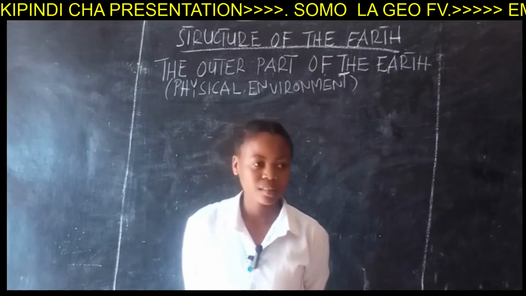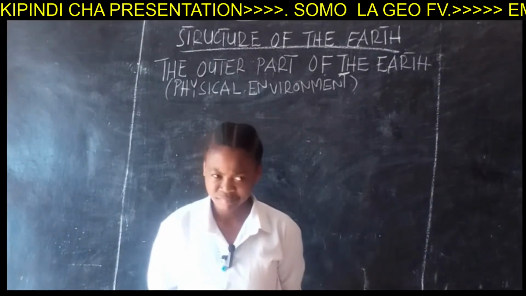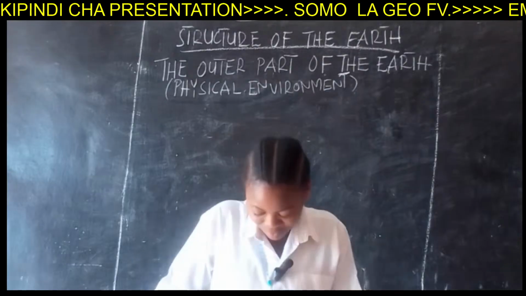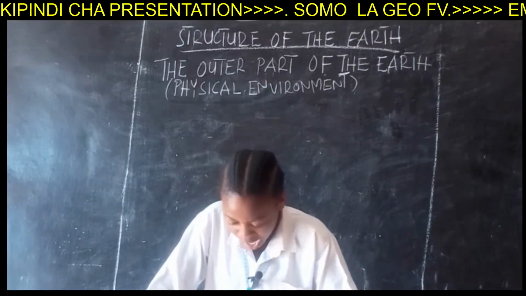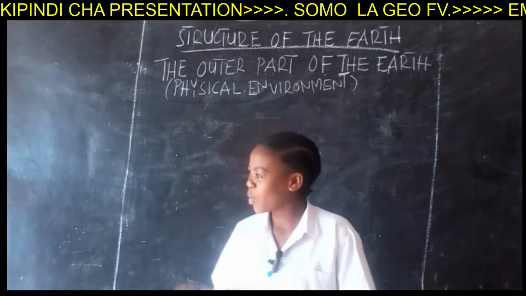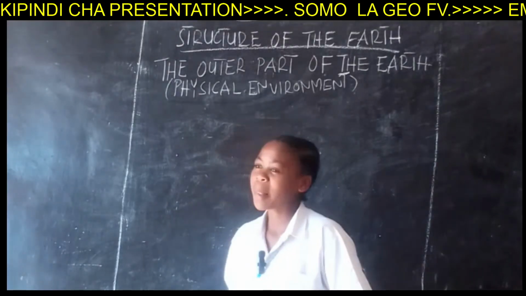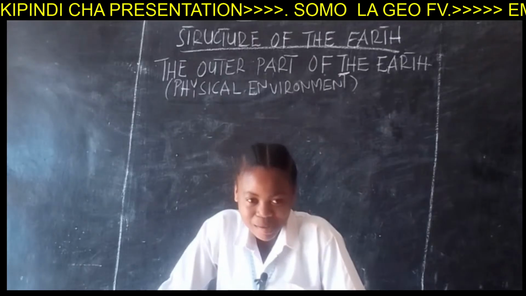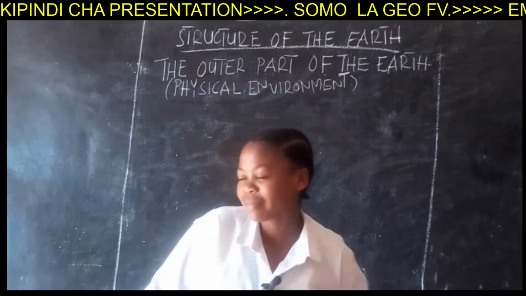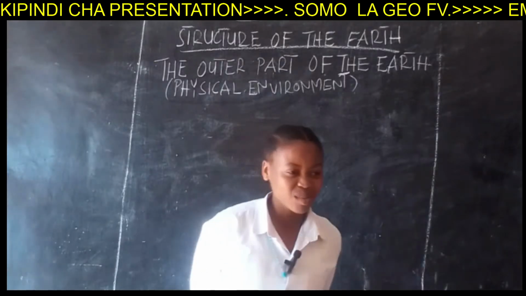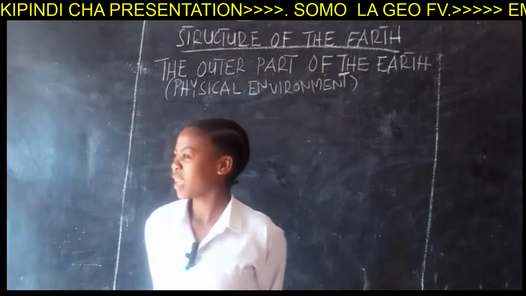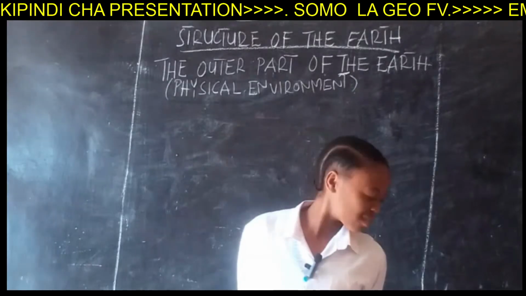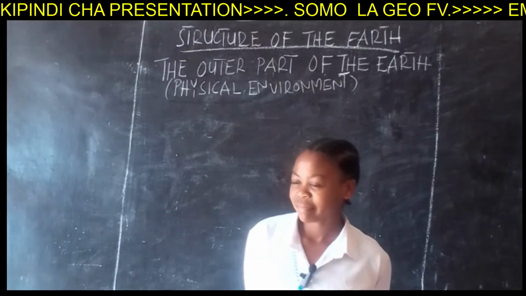Give me the function of sima. The function of sima is to contain the layer which forms the igneous rocks of the crust or surface. Sima contains the layer which forms the igneous rocks, the earth's structure.